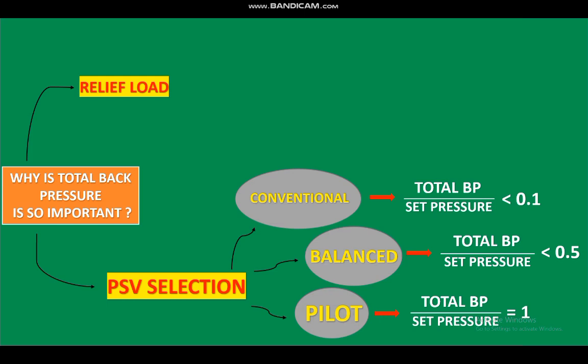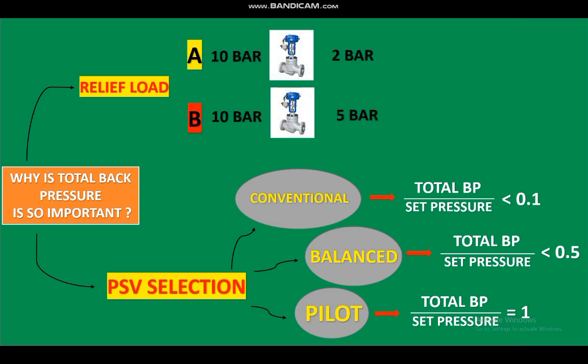Let's understand this with a simple example. Imagine we have two identical valves. In the first case, the inlet pressure is 10 and the outlet pressure is 2 bar. In the second case, the inlet pressure is 10 and the outlet pressure is 5 bar. Which valve will pass more fluid? Yeah, you're correct, the first one. Why?